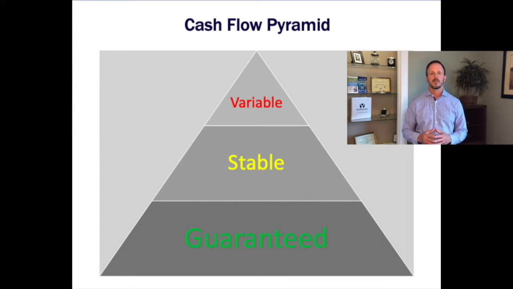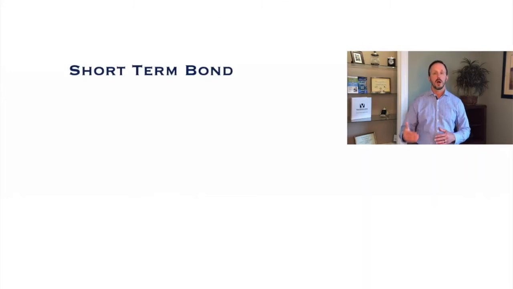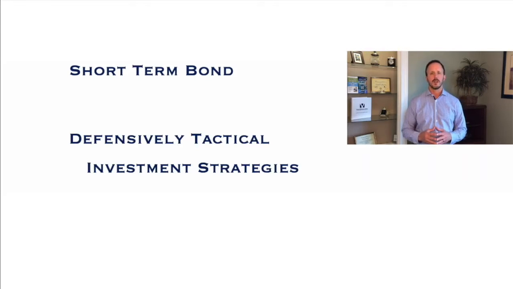Some examples of these may be short-term bonds or bond funds or certain defensively tactical investment strategies. The value and associated income stream of both will fluctuate, but they tend to be much more stable than, say, that of an individual stock or mutual fund, which leads us to level 3.